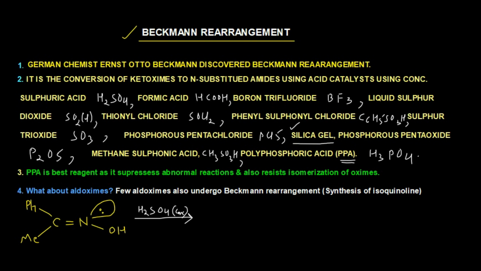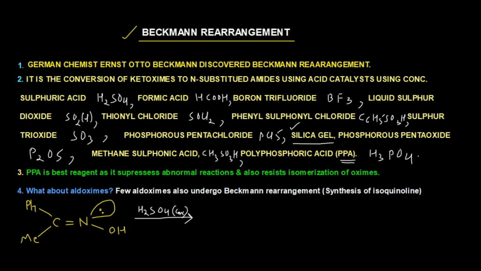See, in organic chemistry there is a concept of migratory aptitude, where some groups migrate very briskly, very fast, others move or migrate very reluctantly, right? But here we don't care about the migratory aptitude.